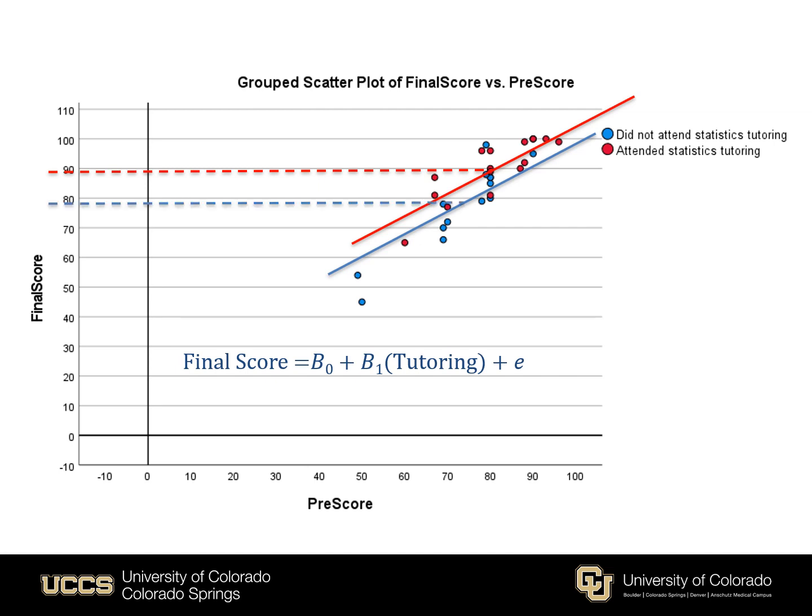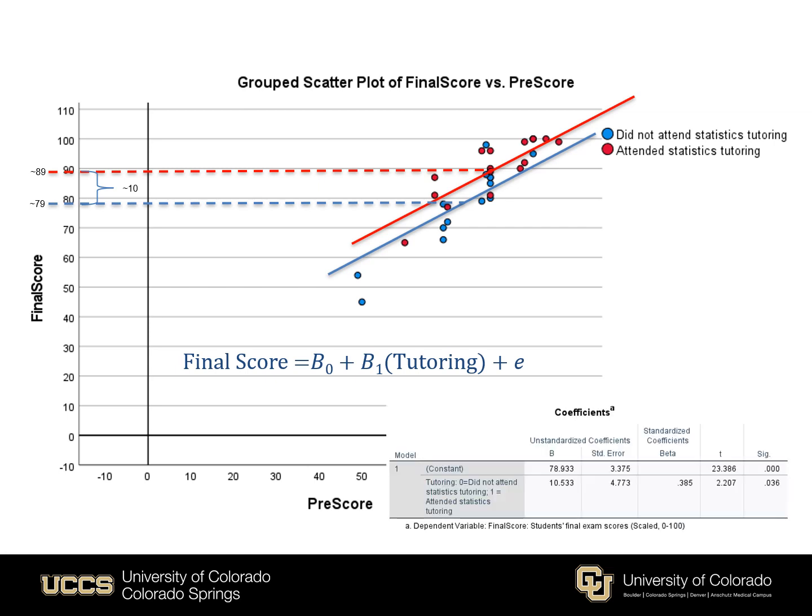And then over at the y-axis we can see where those dashed lines cross, and for the tutoring group it looks like it crosses at about 89, and for the non-tutoring group around 79. And the distance between those is of course about 10 points, and that corresponds pretty well to what we saw when we ran this regression formally in SPSS, where the effect of tutoring was estimated to be about 10.5 points.